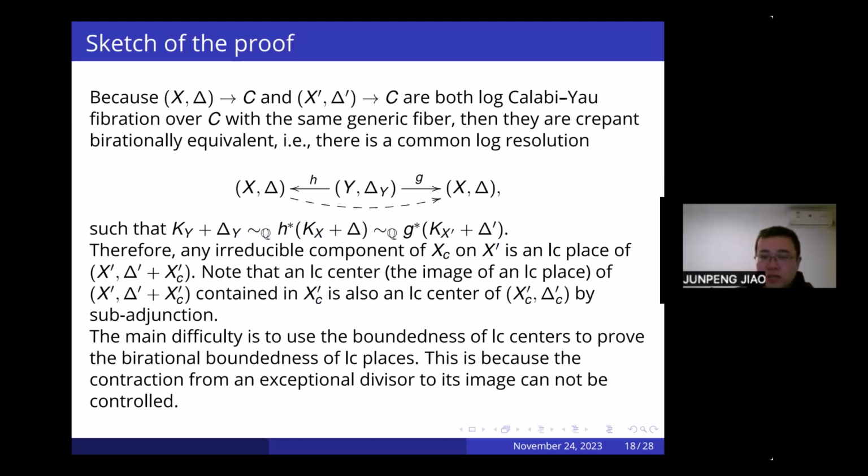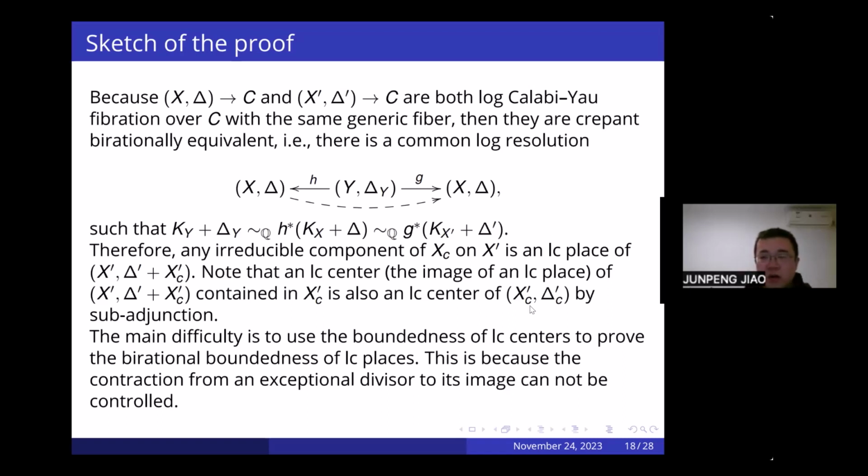So note that an LC center of X prime, delta prime plus X_C prime contained in the central fiber is also an LC center of the central fiber by subadjunction. So the main difficulty is to use the boundedness of LC centers because the central fiber is a DCV polarized log Calabi pair.